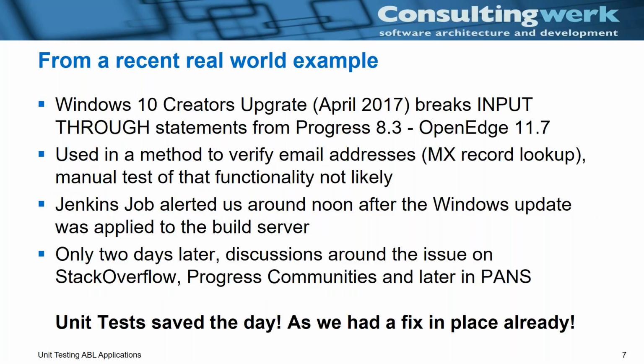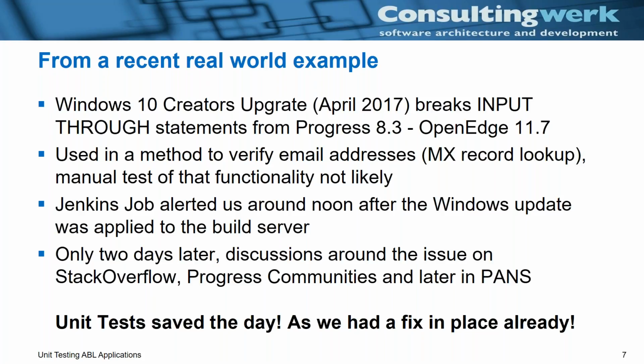And why are we doing unit testing? It's not just because we want to have insurance against programming mistakes that we make. Every now and then things happen that are outside of the realm of our own code, our own development, that break stuff, and we need to fix it. A very interesting case was last year in April, around one of the Windows 10 updates, the Windows 10 Spring Creators Update of 2017, that suddenly broke the INPUT THROUGH statement on Windows from Progress versions 8.3 up to 11.7.